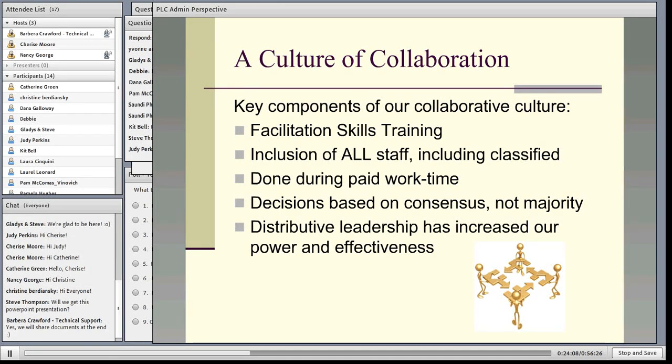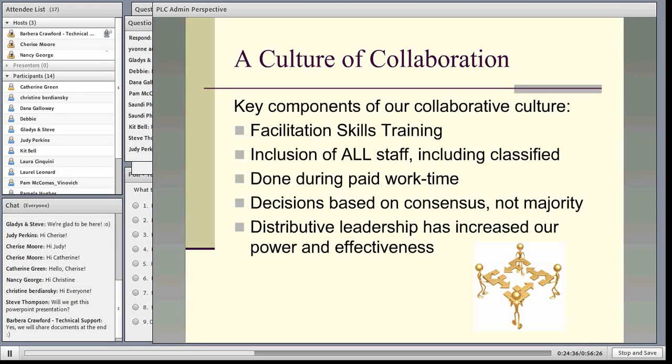Our thinking was, if we were going to be serious about moving forward and working on the needs of our students, that had to be everybody's work. What happens in the office, what happens in the hallways, all of that impacts whether or not the students' needs are met when they're at the school. So we had child care staff with a group, we had office staff with a group, and then we had all of the teaching staff involved.